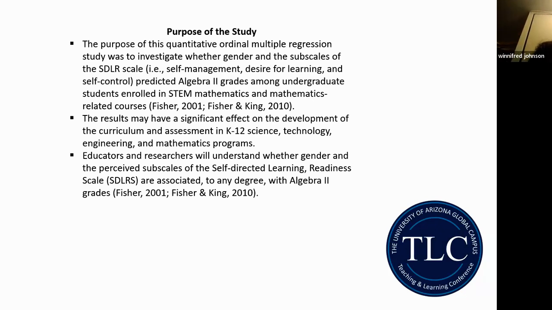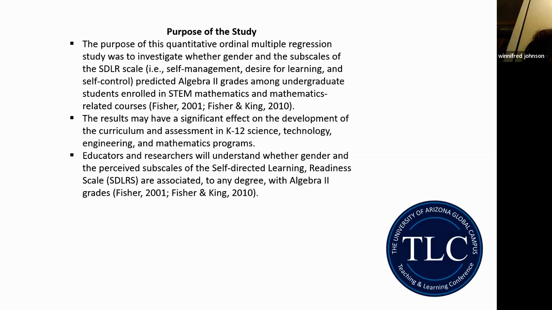Purpose of the study. The purpose of this quantitative ordinal multiple regression study was to investigate whether gender and the subscales of the self-directed learning readiness scale, that is, self-management, desire for learning, and self-control, predicted Algebra II grades among undergraduate students enrolled in STEM mathematics and mathematics-related courses based on Fisher and King.